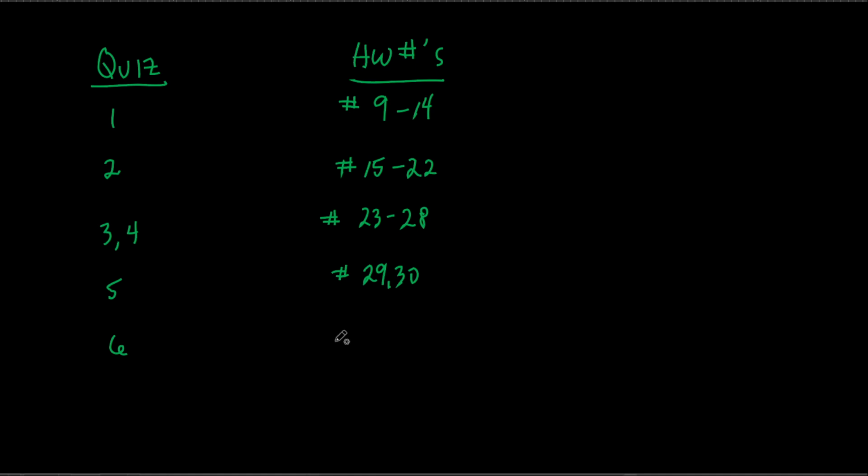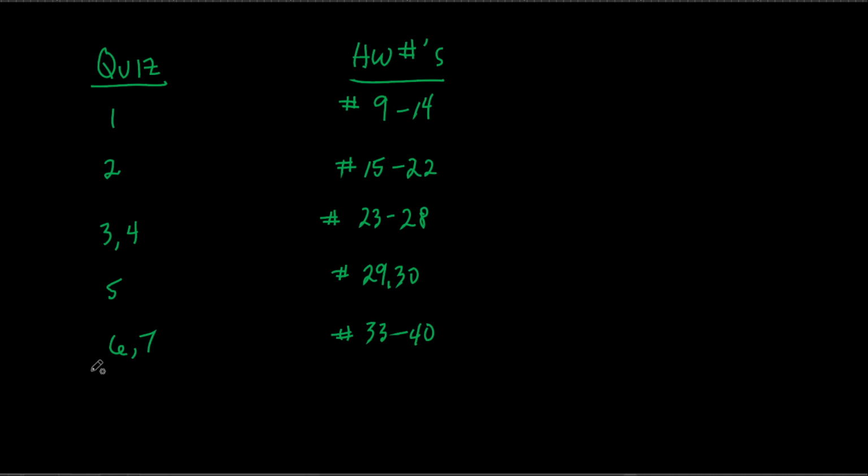It's going to kind of look like numbers 33 to, I'd say around 40, something like that. Any of those, 33 to around 40, is going to look like number, actually 6 and 7. So 6 and 7 on the quiz are going to look like that.